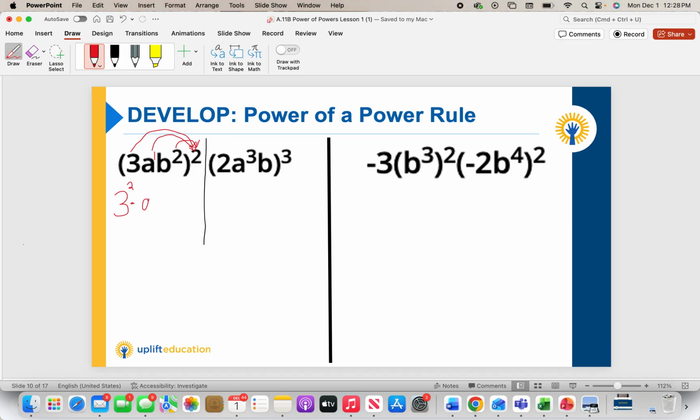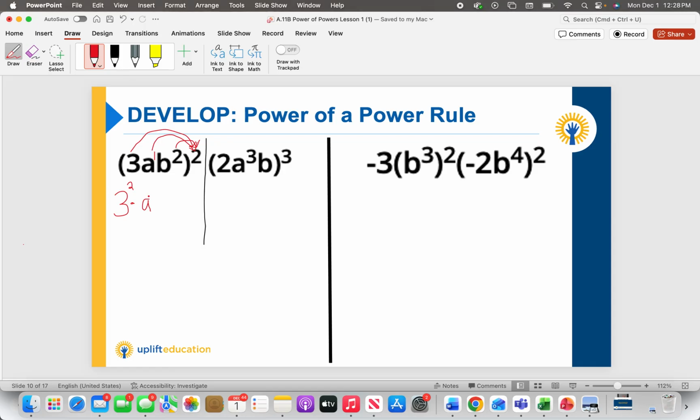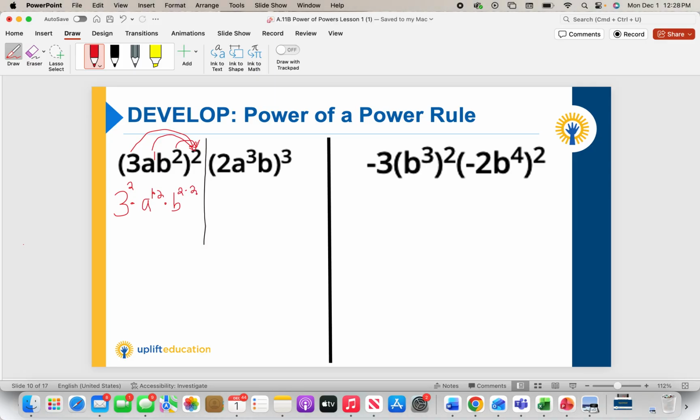Then the rule that we learned right now about the power rules is that our exponent has to be multiplied by the amount that it's being powered to. So that will be a is 1 times the 2. So then that means our b squared is also going to be multiplied by 2.